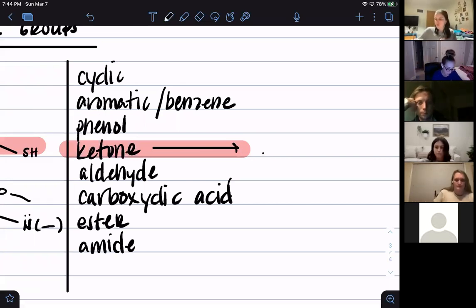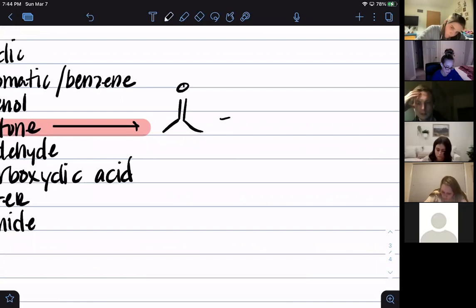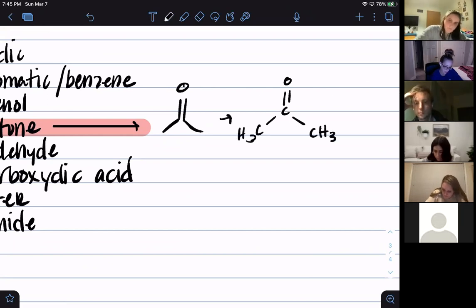So this is a ketone, and I will draw this as a Lewis structure so that you can see what I'm talking about. What do we have right here? A carbonyl. That's a carbonyl, even though it doesn't look like that. Carbon's right there.